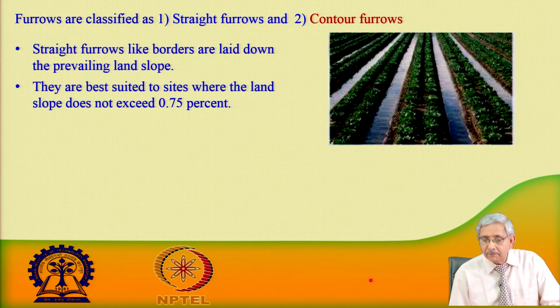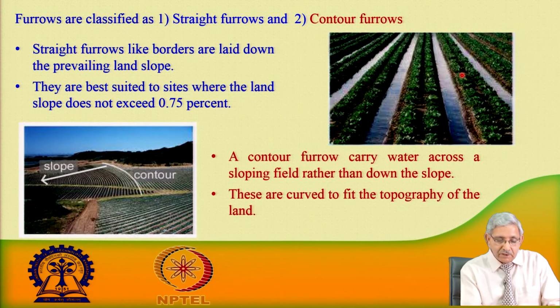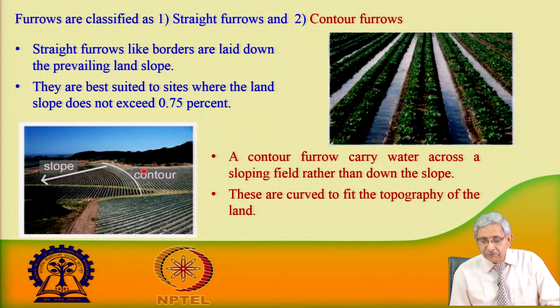You can see here the furrow irrigation system, where these are all straight furrows, best suited when the land slope does not exceed 0.75%, and when they are laid across the slope, these are the contoured furrows. You can see in these photos how the furrows have been made and then the crop is being grown.